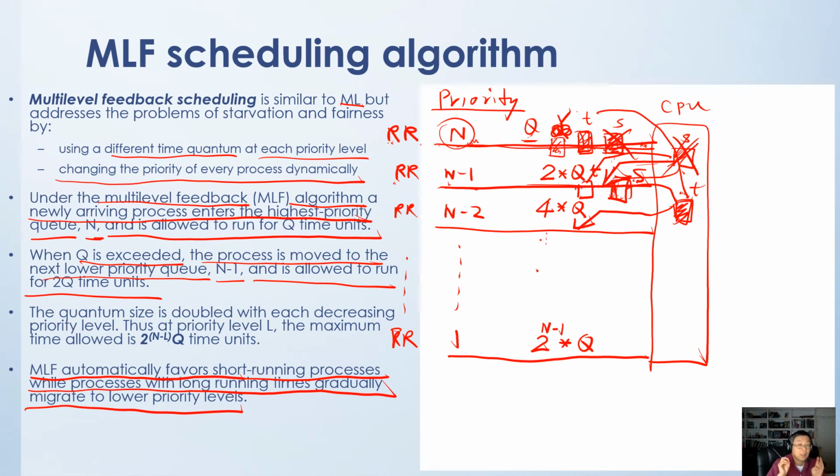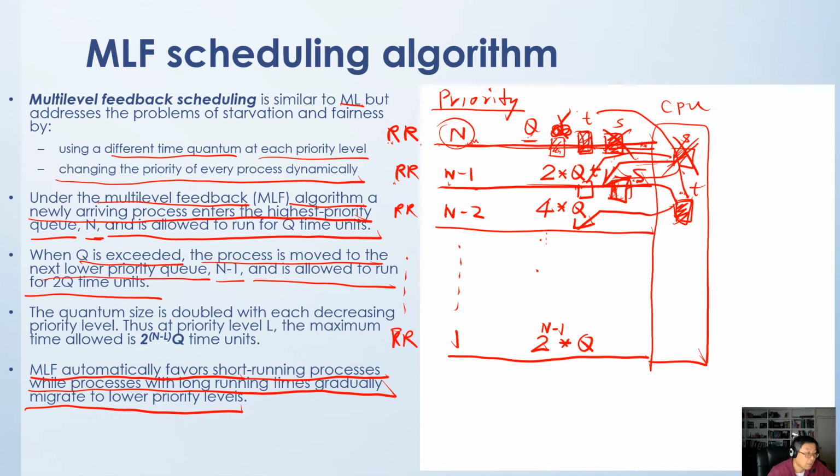So if the total CPU time is very small, the process is going to complete very quickly. If the total CPU time is very long, it will start at the high level and move down to the next level, and the next level, so it will take a long time to finish.